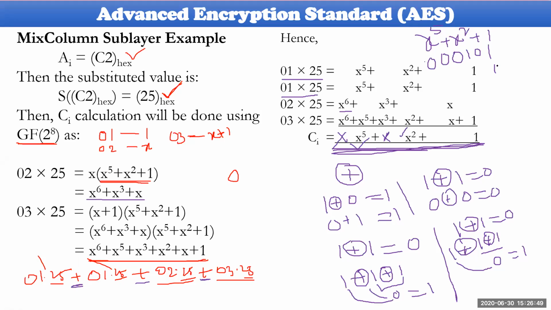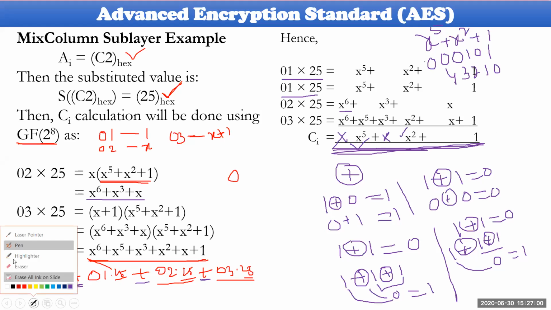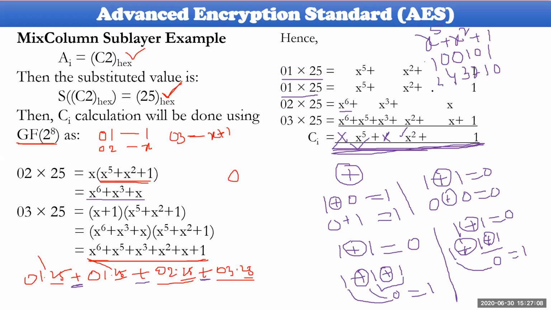So this is 2 power 0, 2 power 1, 2 power 2, 2 power 3, 2 power 4. Yes, I have mistakenly written the 0 there. It could be written as 1 here, 2 power 5.